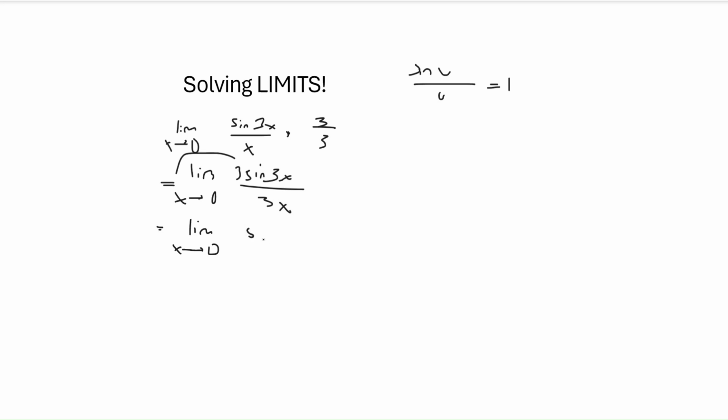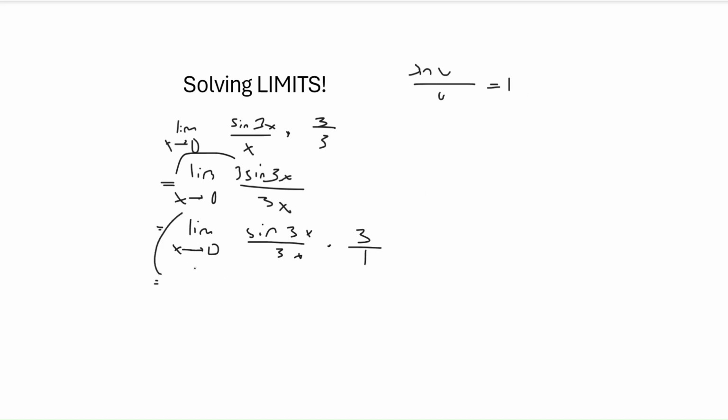So if we move the 3 out of the fraction, but we're keeping it in the actual equation, so sine of 3x over 3x multiplied by a 3 over 1, so again we just put the 3 out in the front. Well, now we can do it, because the limit as x approaches 0 of this function gives us 1.